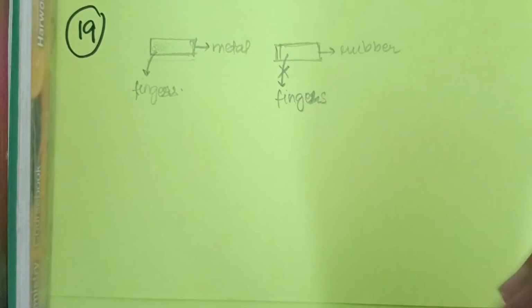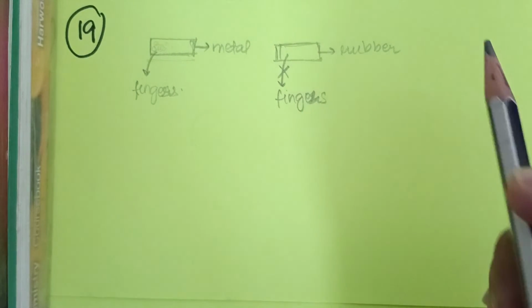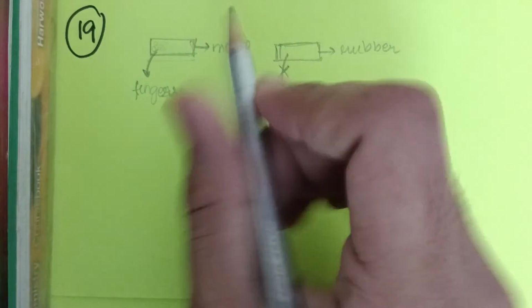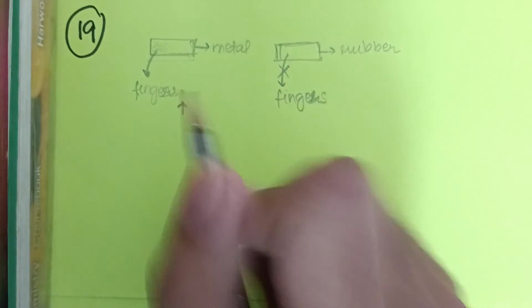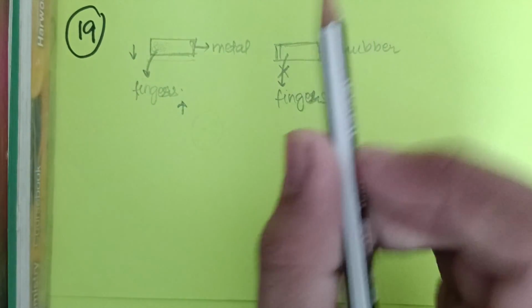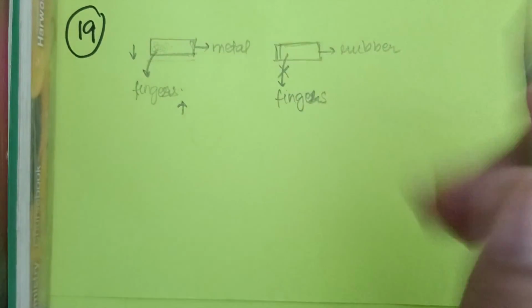When you touch a metal spoon, what happens is that the energy is instantly transferred to your hands because the metal in the spoon is a great conductor of heat. Therefore, it instantly transfers the energy to your fingers. Now, your fingers are at a higher temperature. The metal is at a lower temperature. Therefore, you feel that the metal is cold.